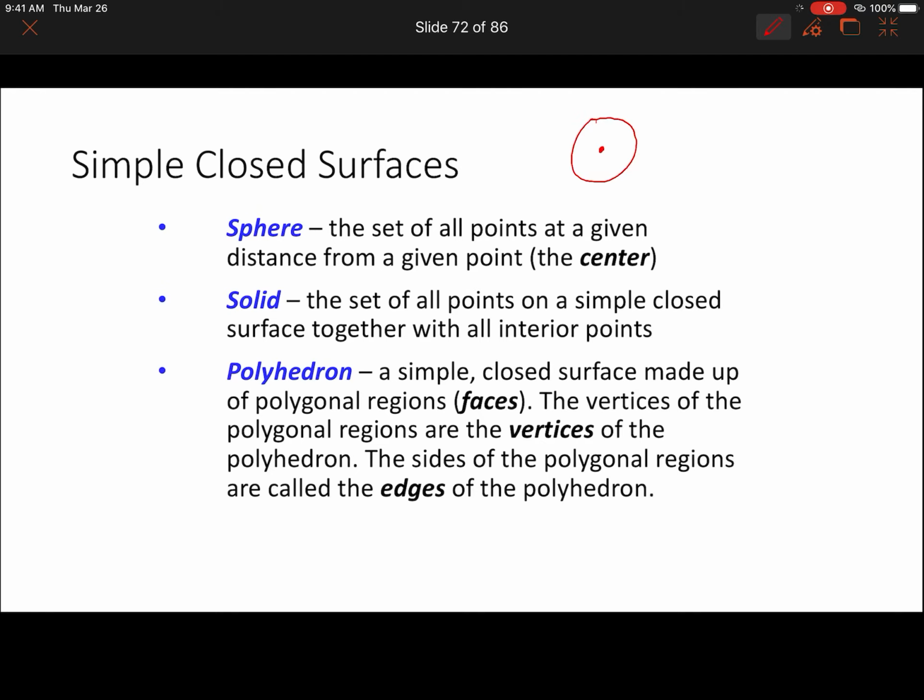The outside is the surface. We call it a solid figure if we're including all the points on the inside too. If you think about hollow versus solid, we said that the surface itself is hollow, but the solid contains all the points on the inside.